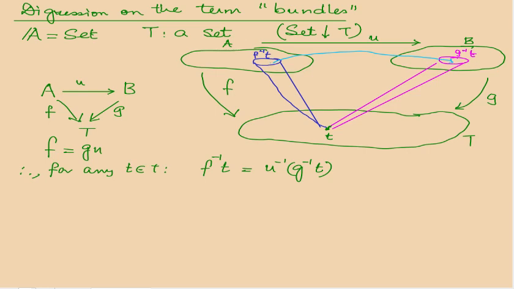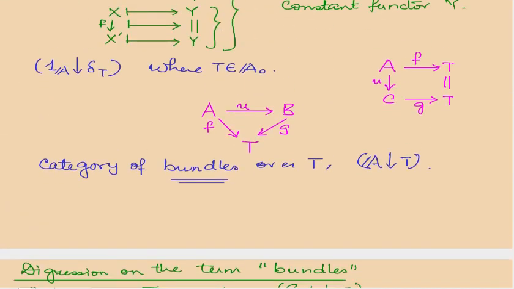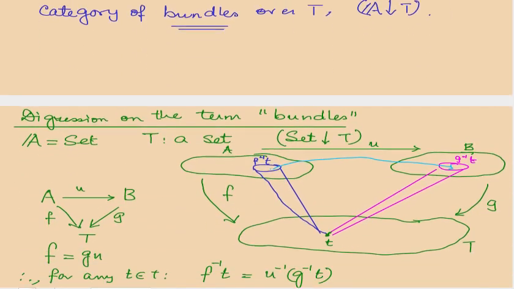So it is a peculiar function which preserves the bundles. So that's that function. Now this should make it clear why the term bundle is used in an arbitrary category. We might think of this F as a bundle over T. Okay? We'll come back to this bundle later on.